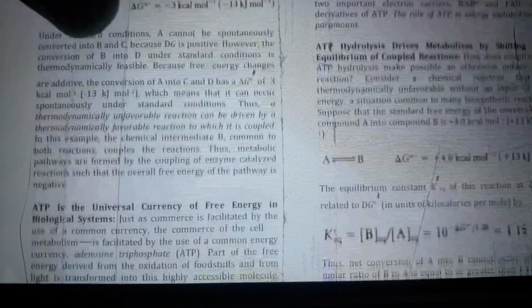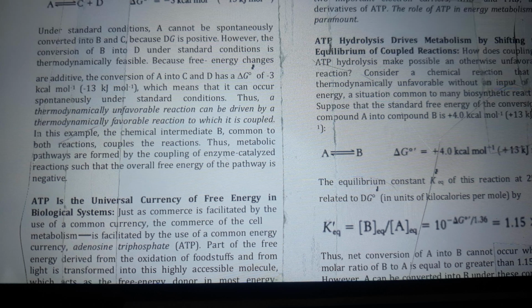Using standard conditions, A cannot be spontaneously converted into B and C because delta G is positive. However, the conversion of B into D under standard conditions is thermodynamically feasible. Because free energy changes are additive, the conversion of A into C and D has a delta G0 of minus 3 kilocalories per mole, which means that it can occur spontaneously under standard conditions.